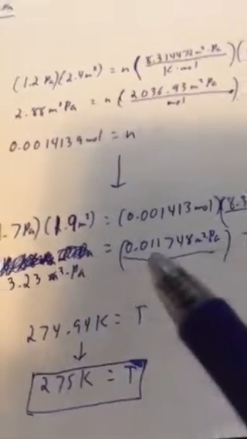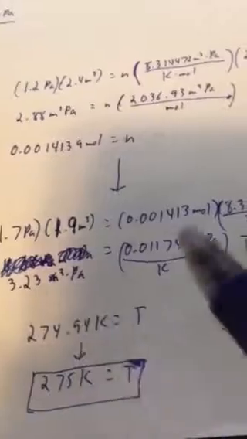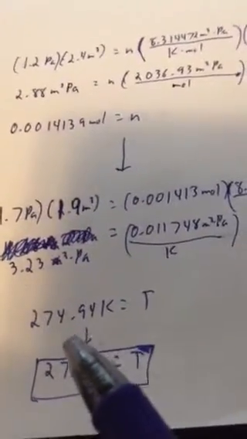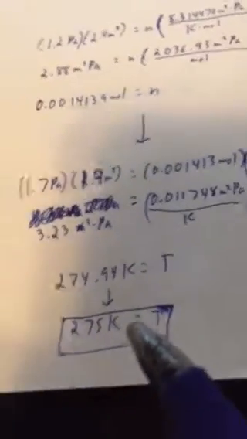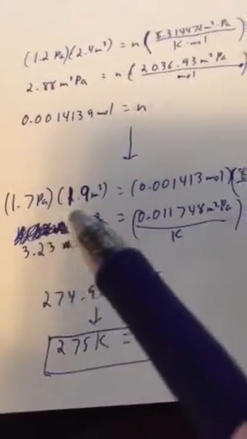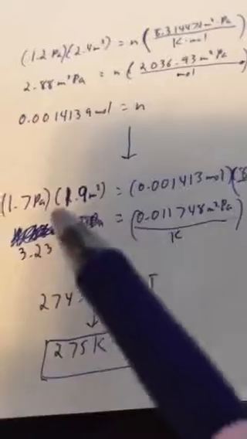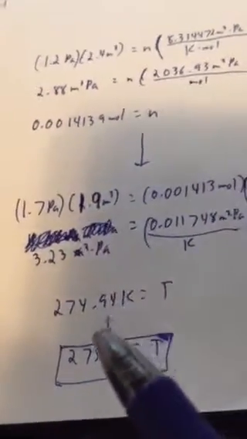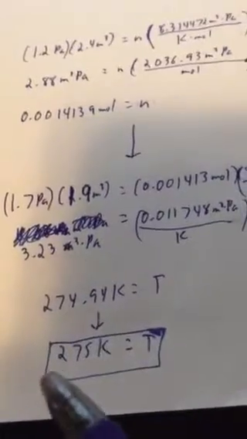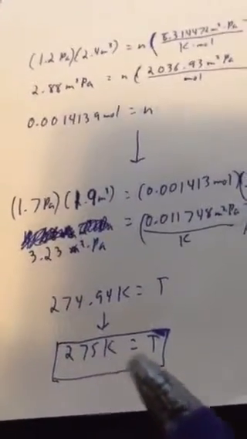So everything cancels except for the Kelvin, which stays on top, and you get 274.94 Kelvin is equal to temperature. With dimensional analysis, you look at the sig figs, you want to cut it down to 3 numbers, so it's 275 Kelvin is equal to temperature.